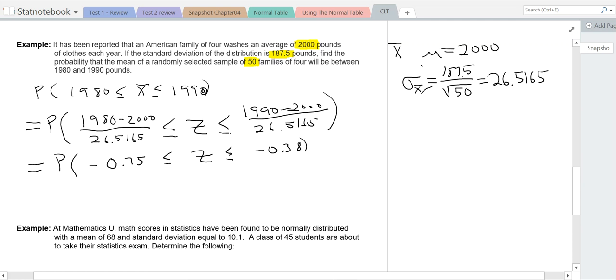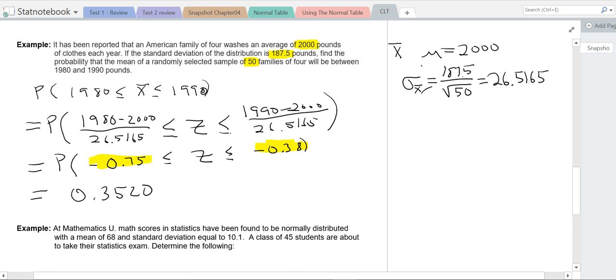Again, you can always stop the video. Now this is the third scenario where we're between two numbers. So when you look up your numbers in the table, when you look up minus 0.38, you're going to find 0.3520.